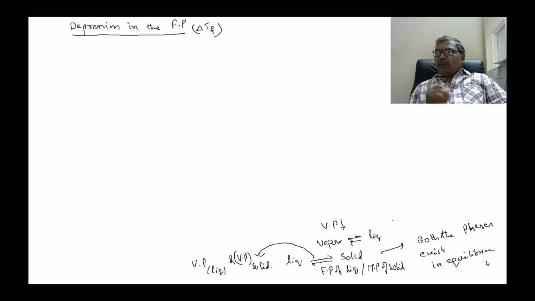So the temperature at which liquid and solid both the physical states of matter exist, and the vapor pressure of liquid and vapor pressure of solid are same, then it is said to be liquid and solid phases are in equilibrium state. So the temperature at which liquid and solid has same vapor pressure is known as freezing point of the liquid and melting point of the solid. Right? Okay.